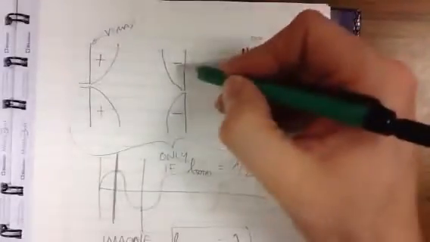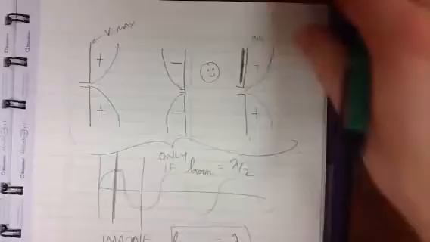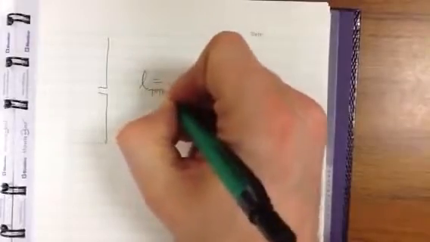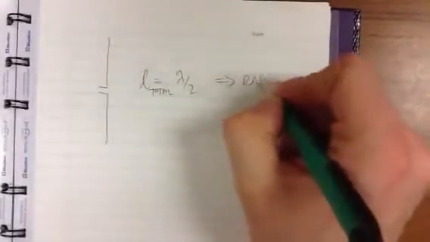But if we go back up here, if it's a quarter wavelength here and a quarter wavelength here, total length half wavelength, these are always the same. There will be radiation. To review, if the total is a half wavelength, radiation.